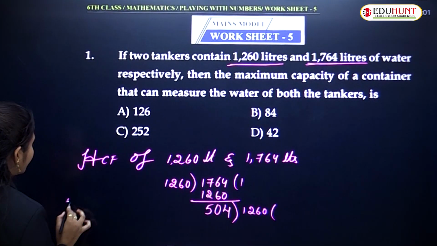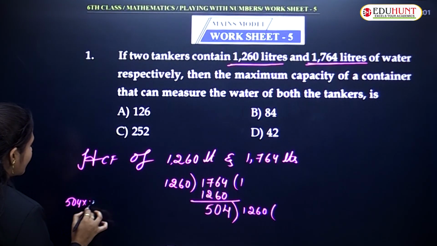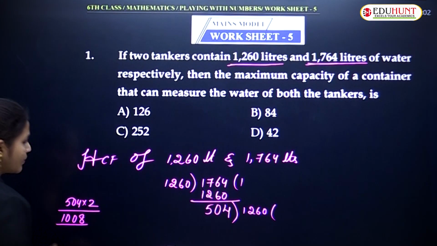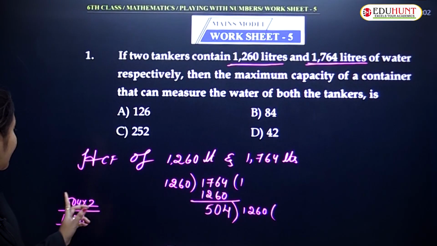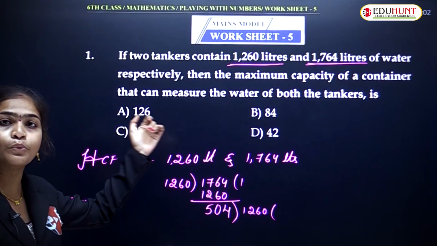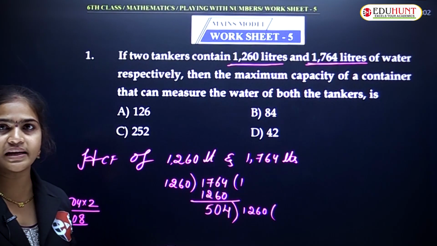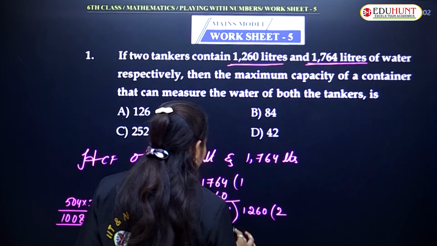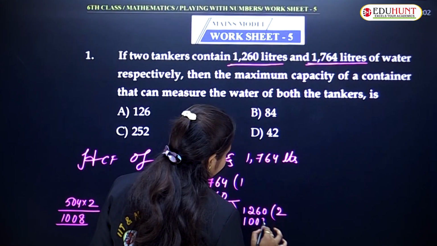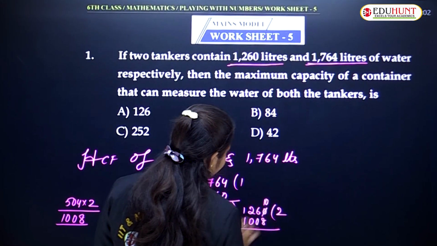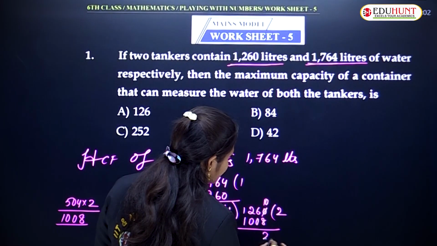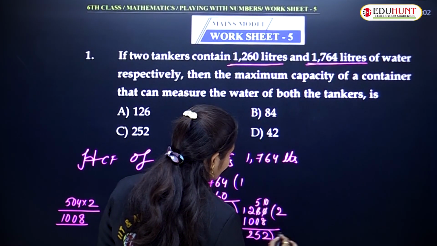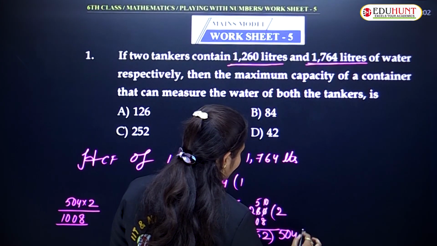So find 4 into 2. How much will you get? 2 4s 8, 0, 2 5s 10, 1008. If you take it into 3, you will get a number more than 1260. Understood? That's why we take it up to 2. So here we get 1008. This becomes 10 minus 8, which equals 2, then 5, then 2: 252, and here 504.